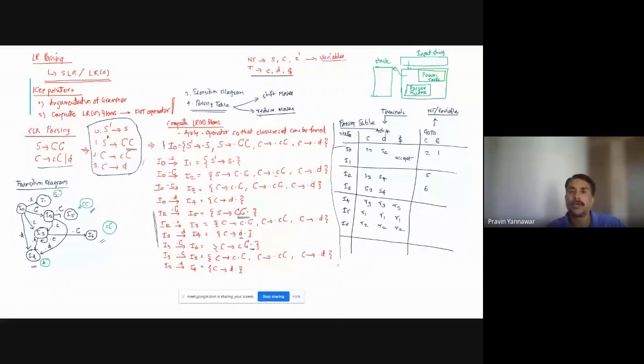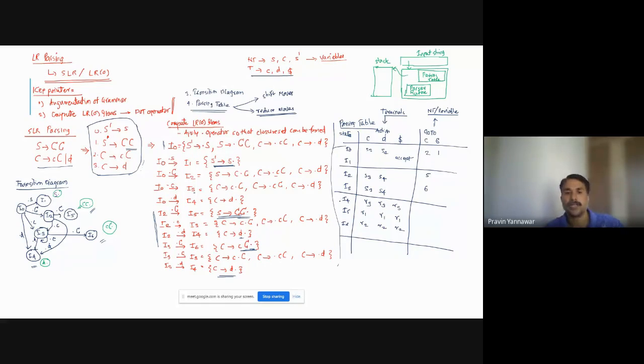Okay, and how do you identify reduce moves? Reduce moves means the dot is at the end. So what are the reduce moves? Look here. These are the reduce moves. So this is with I5, and here again it is reduced. But they are variables.